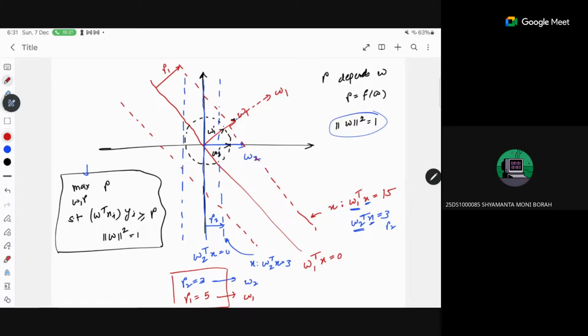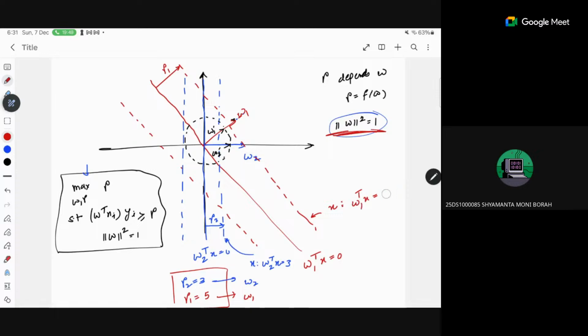But how do we compare different gammas? By making the length of this W a unit vector, correct? If that is capped, then it will be easier for me to compare these two gammas.